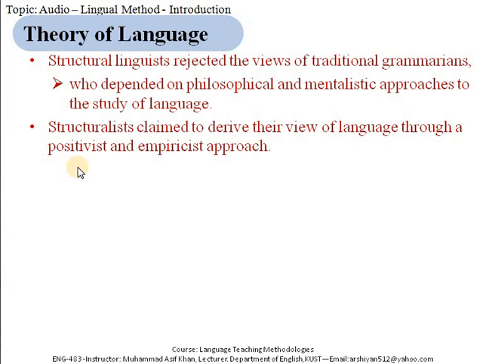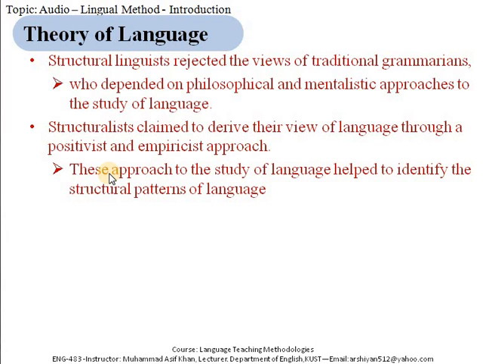Therefore they rejected the metaphysical, philosophical or mentalistic concepts that were attached to language. So it was thought that a scientific approach to the study of language would help to identify the structural patterns of the language in a more accurate way.